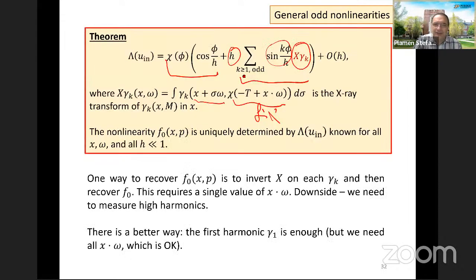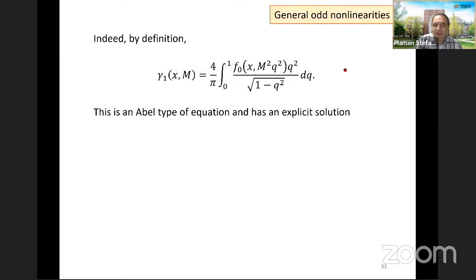You can just take the first harmonic here, only k equals 1. In other words, this will be the main frequency that you send. Ignore the higher harmonics, and you can show that what you can recover by inverting the Fourier transform is related to the nonlinearity by an Abel type of equation, which we can solve precisely.